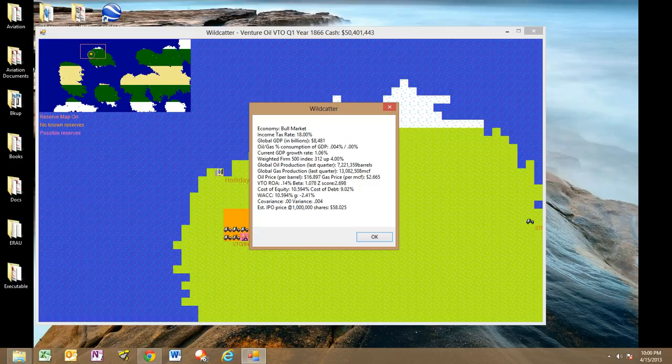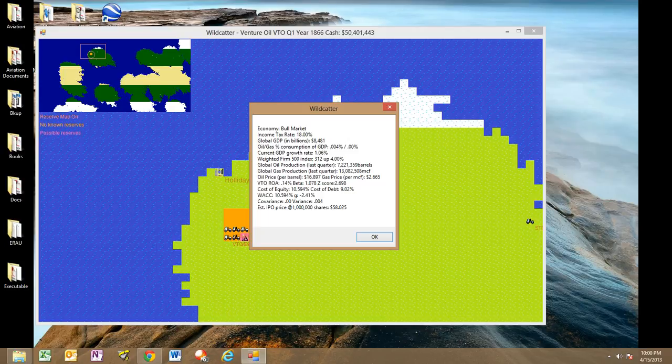The other purpose the weighted firm 500 index serves is for beta calculation. The firm's beta is calculated tracking and using this index. Beta represents the non-diversifiable risk in this simulation world.